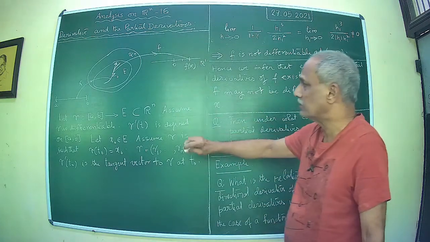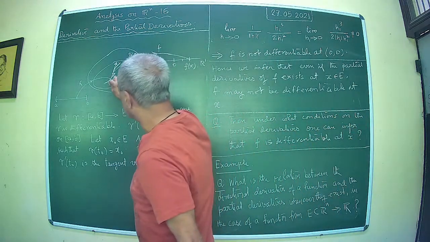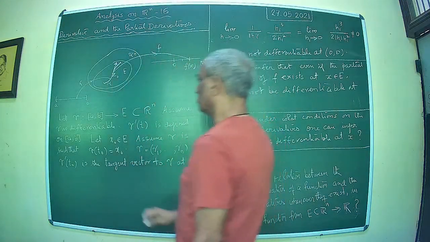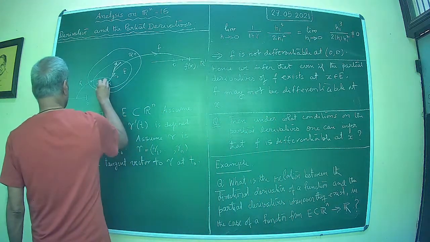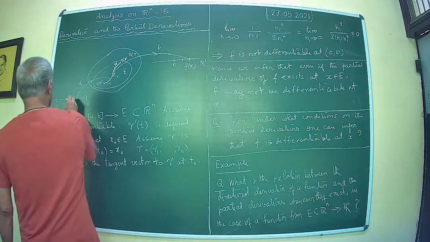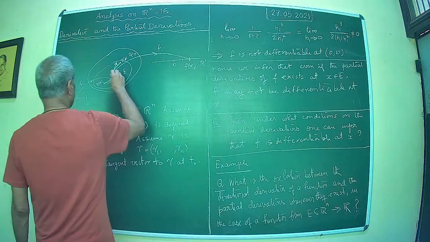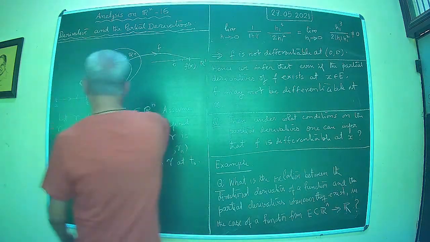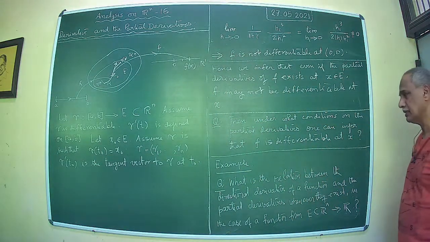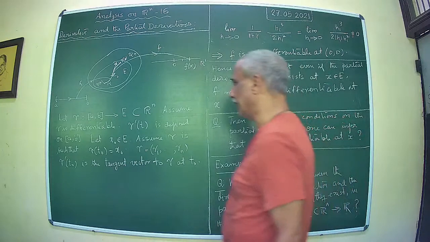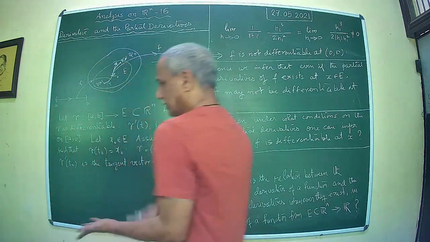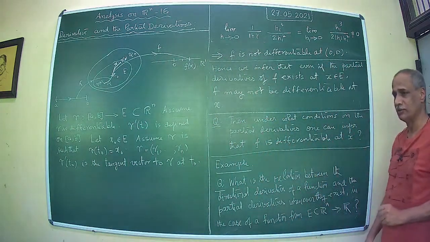I am also calling this curve gamma. So this is gamma A, gamma B. Essentially, you are imparting a kind of direction here. So there is a curve in space which can be considered as the path of a particle in space when you move from A to B in time. That's a sort of physical interpretation of the problem.